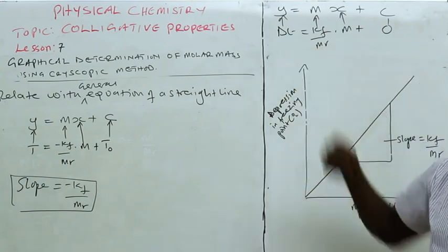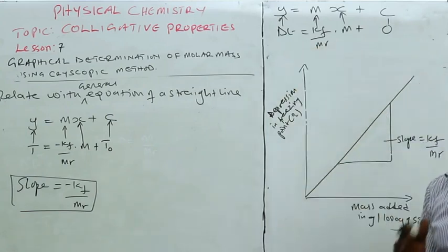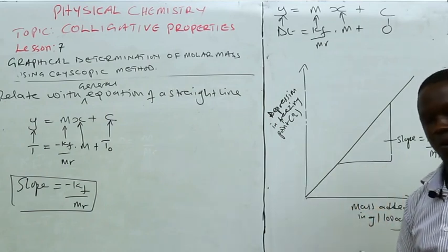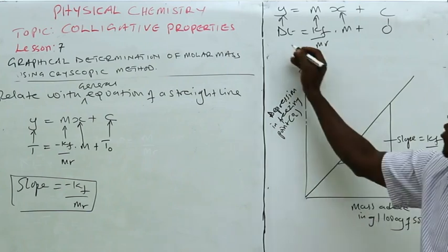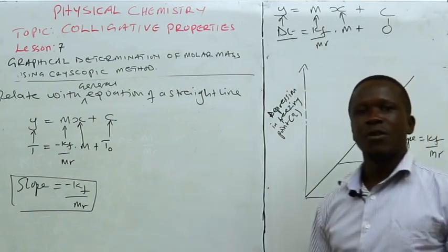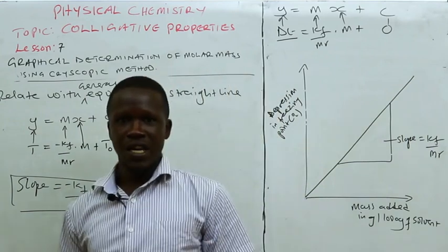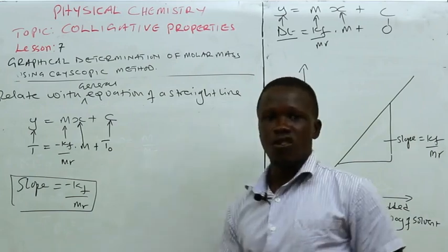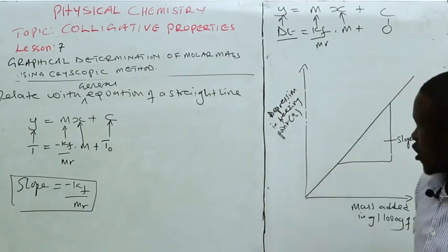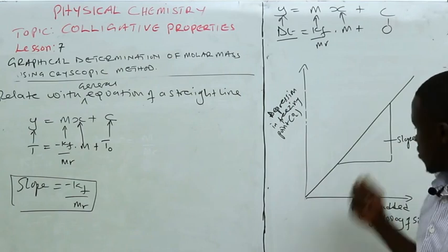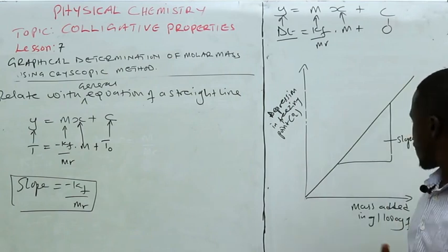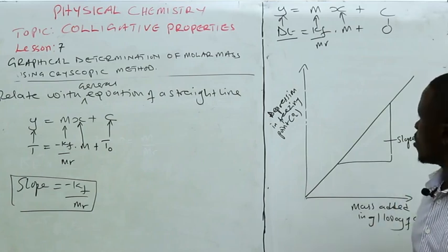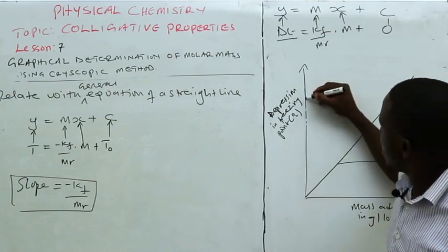Here we are plotting the depression, the difference between the freezing point of the solvent and the freezing point of the solution. That means if they ask you about this, the freezing point of the solvent should be known. In the experiment you get the freezing point of the solution, you keep subtracting and get the depressions, then you plot a graph and you will be able to get the molecular mass or the Kf.